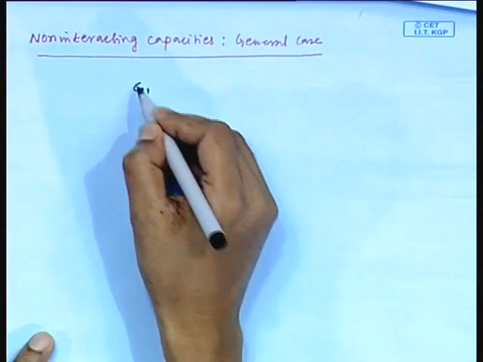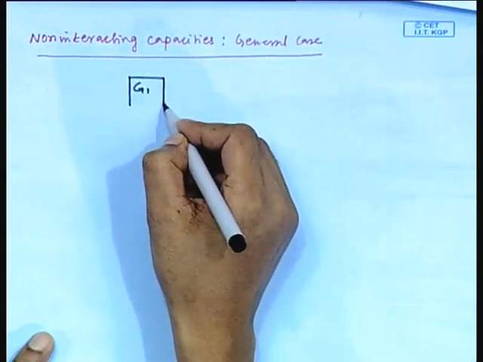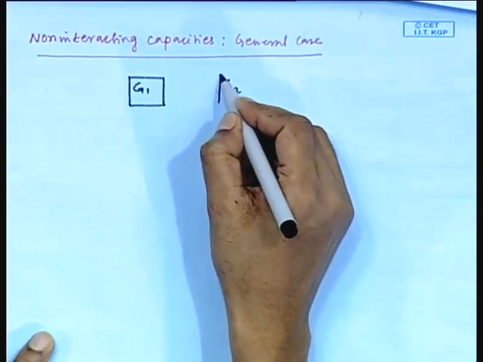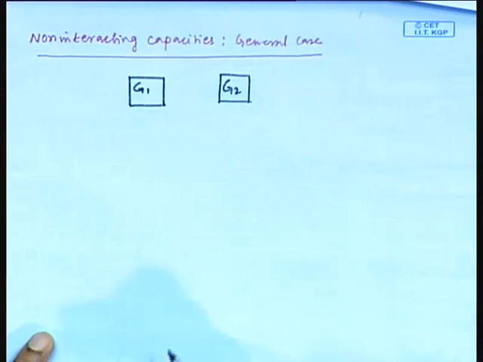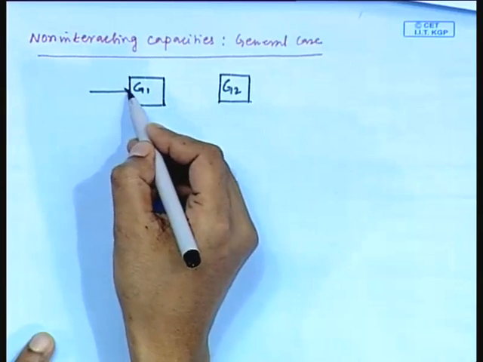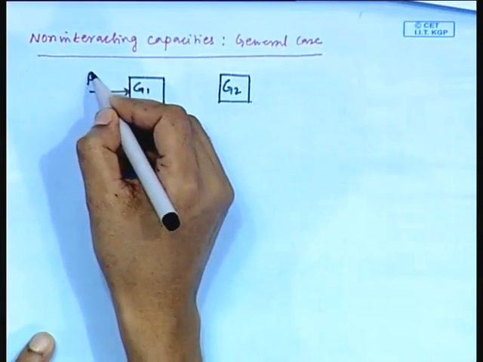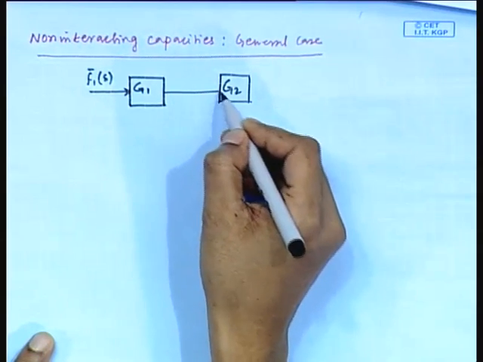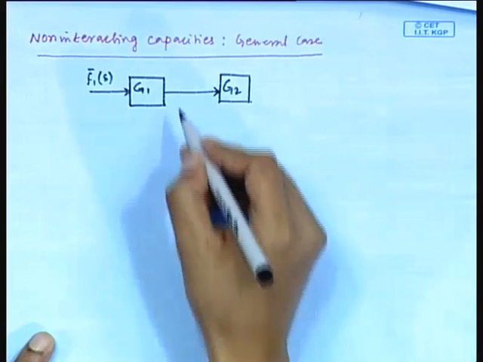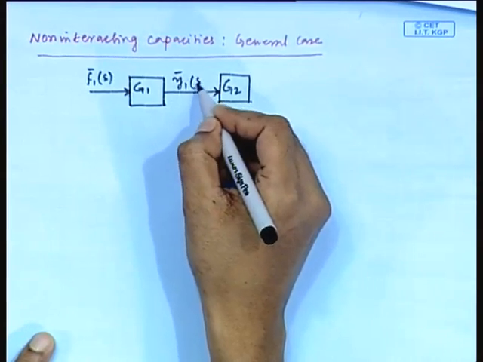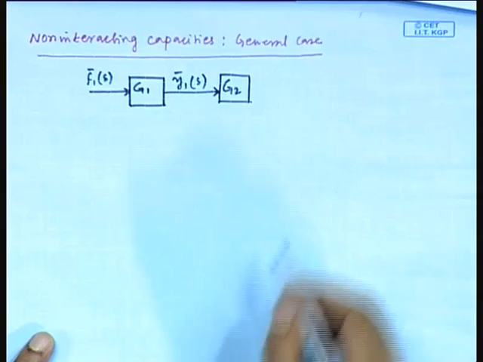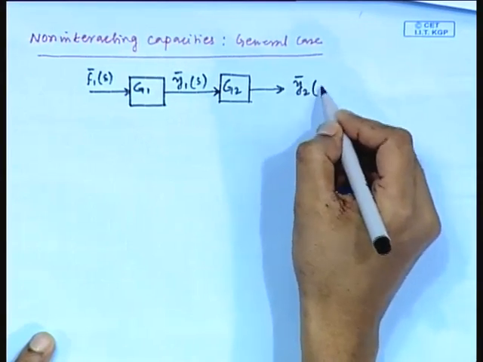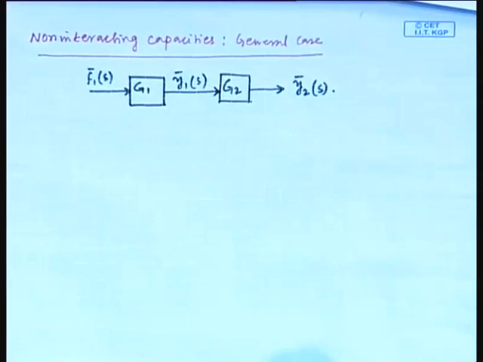So, this is one tank G1 and this is another tank G2. Input is suppose F1 bar S, output of the first order system is Y1 bar S, and output of the second first order system is Y2 bar S. Fine.